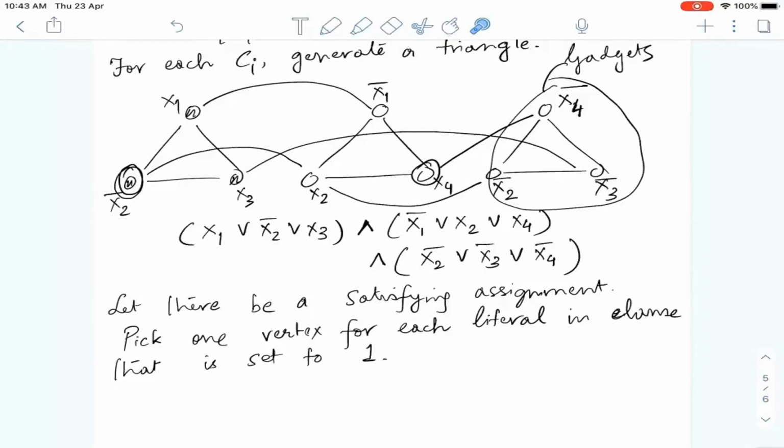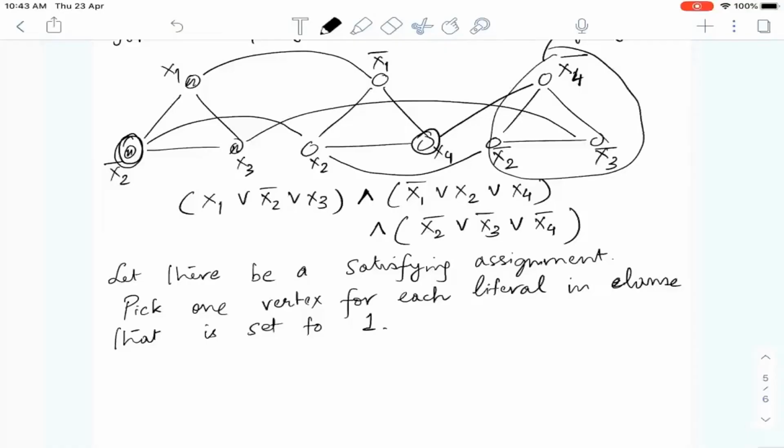Good. So now suppose there exists a yes instance to E3 SAT. Okay. Now here is the observation.